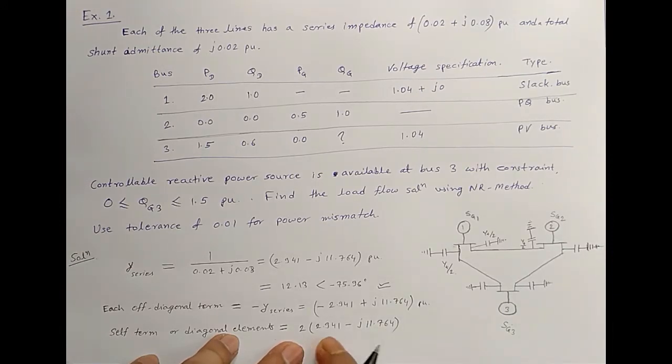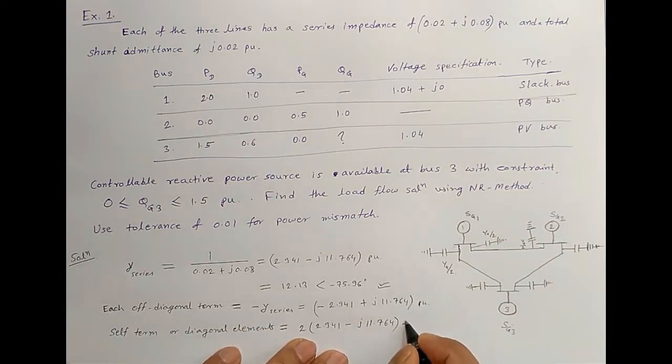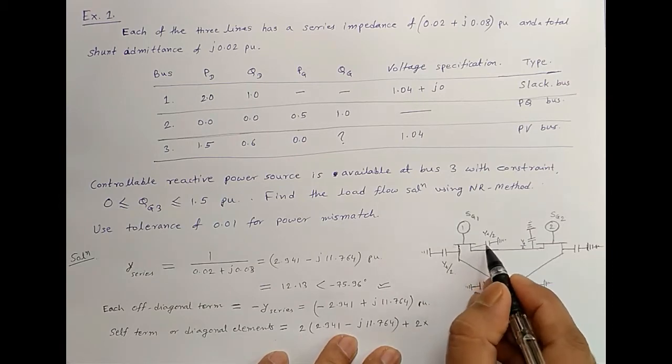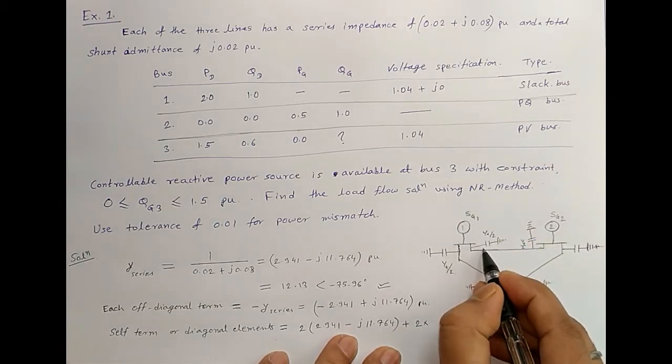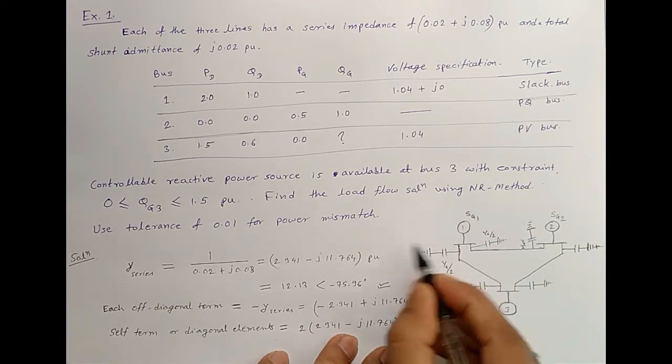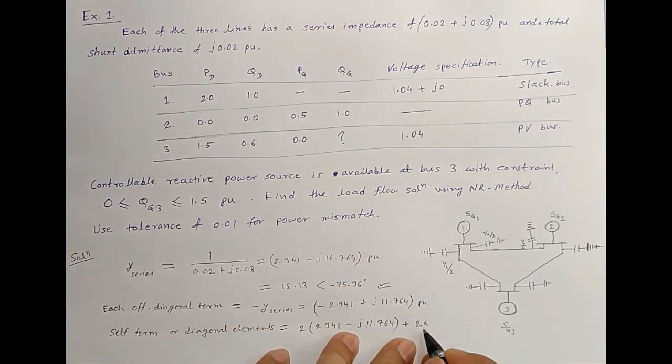This is for the series lines only, plus 2 into the shunt admittance: one for this shunt admittance and one for the other.